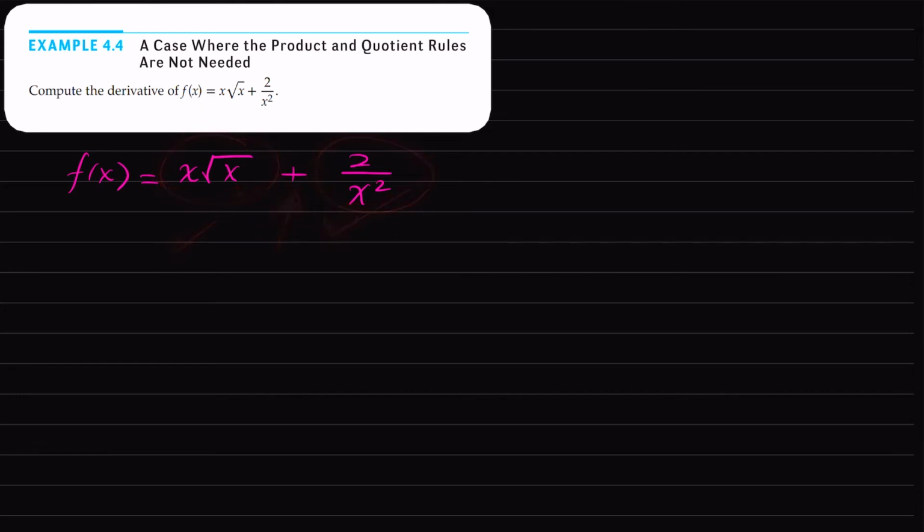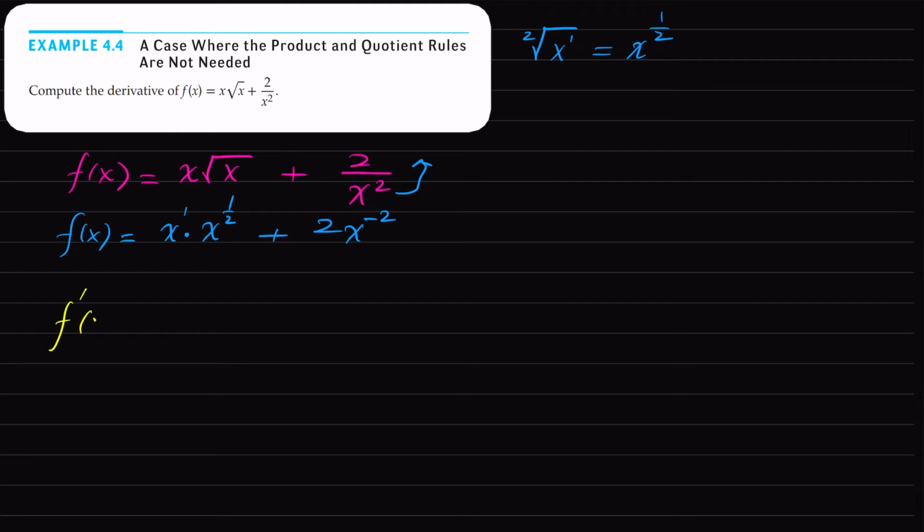But it needs a little bit of simplification. So we need to simplify f of x, this is x power 1 multiplied by x power half, because for a radical, square root, its power is 1 and the index is 2, so x over 2, and plus 2x power negative 2, we raised the x squared up.